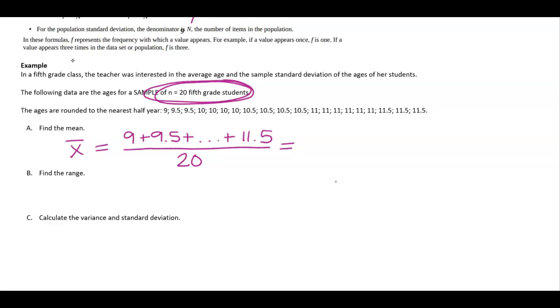And again, we're going to use StatCrunch to find that for us in just a second. Now, the range, we didn't talk about that in our vocab words, but the range is always the max minus the min. So that's 11.5 to 9, or 2.5 years.